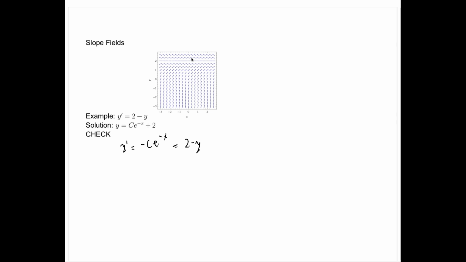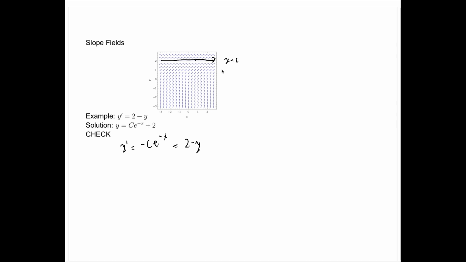What happens if you give me a point that starts out with y equals 2? Then you'll find the constant c will be 0, and you'll just get y equals 2, this constant function, as your solution.